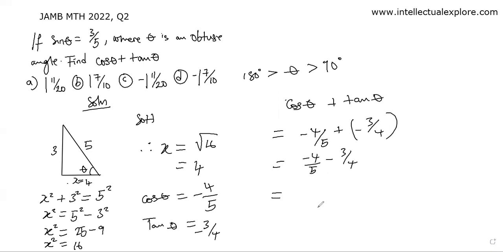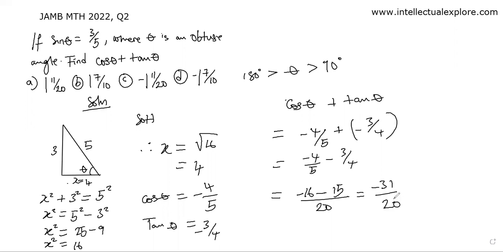So the LCM of 4 and 5 is 20. 5 into 20, 4 times 4 is 16. Remember, you follow with your minus sign. 4 into 20, 5 times 3 is 15. Minus 16 minus 15 will give you minus 31 over 20.